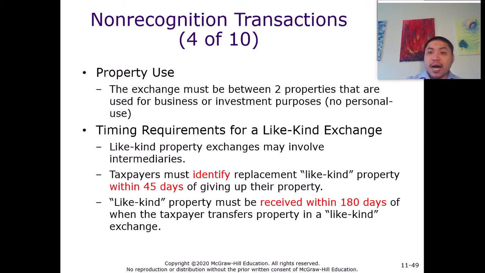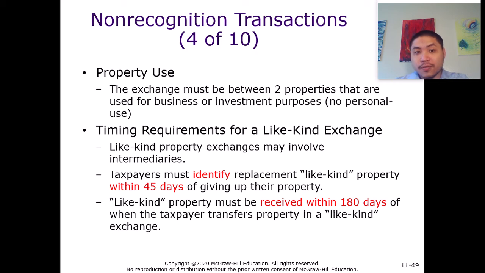And regarding the timing requirements, this requirement is created mostly for transactions that involve third-party intermediaries. Even though, like the example we talked about, Mr. A and Mr. B exchange land with each other, in real life it might be hard to find such a person who is willing to exchange land for you.